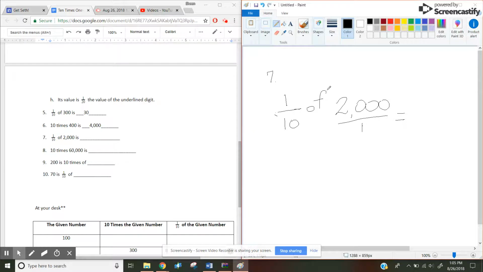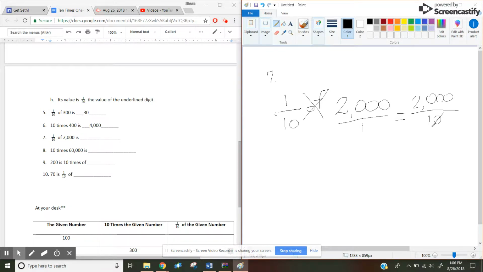Instead of dividing, I'm going to multiply. I'm going to put the multiplication symbol. I'm going to do my numerator first, the number on top. 1 times 2,000 is 2,000. Then I'm going to put the division symbol, 10. Now I'm going to do the denominator. 10 times 1 is 10. Then I'm going to look at my denominator and see how many zeros I find.